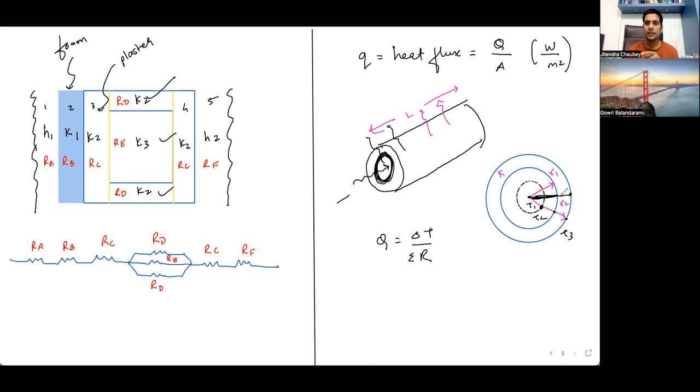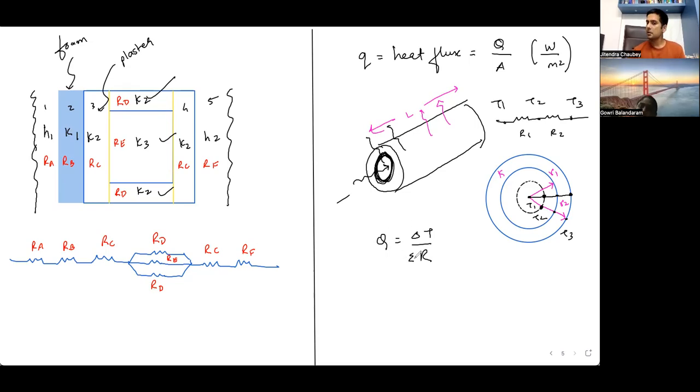Then here the resistance of conduction. That's it. The temperature over here is T1, over here T2, and over here T3. The electrical diagram would be like this: T1, T2, and T3, with resistances R1 and R2.